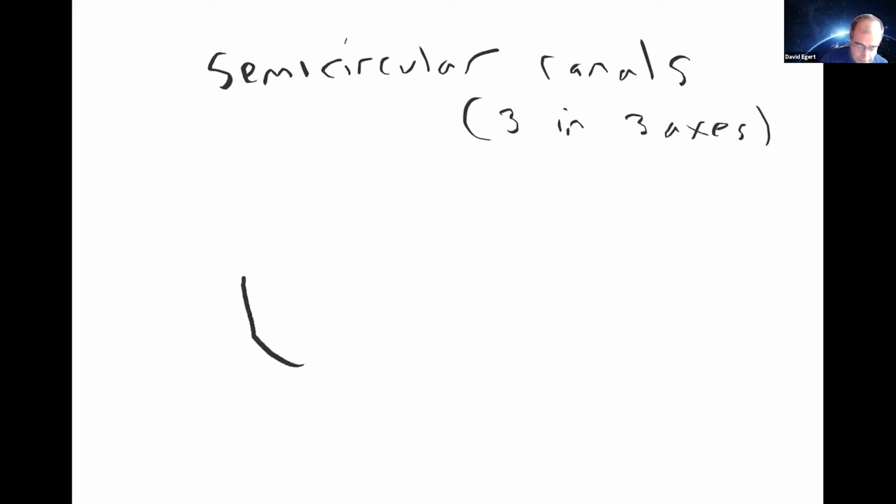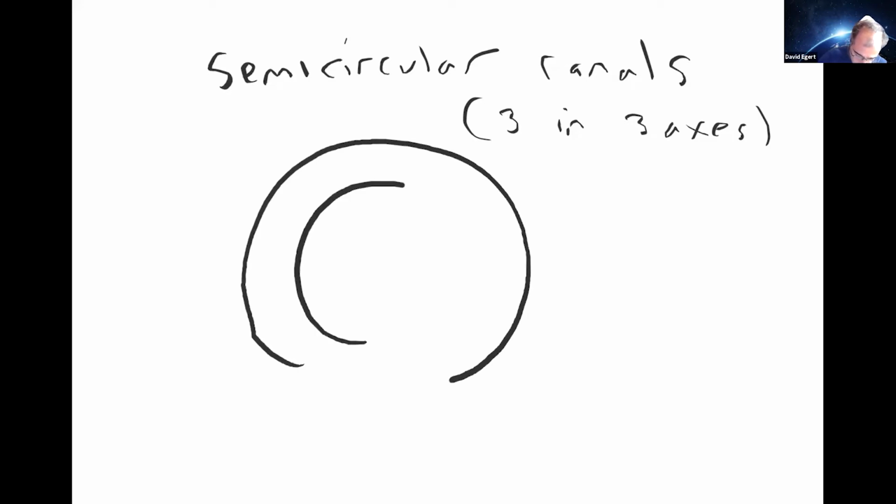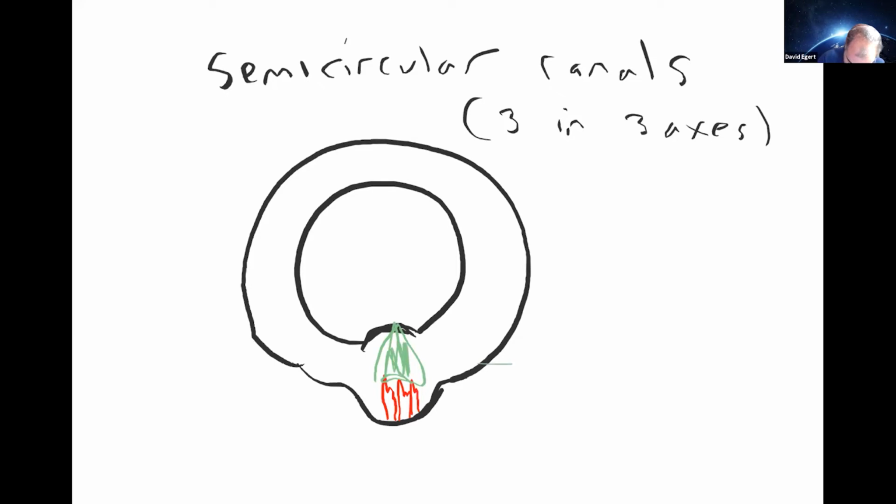So as you move your head, this whole thing moves as a unit. You have a canal. You have this swelling called the ampulla, and then we have hair cells. And the hair cells have a little gelatinous membrane called the cupula.